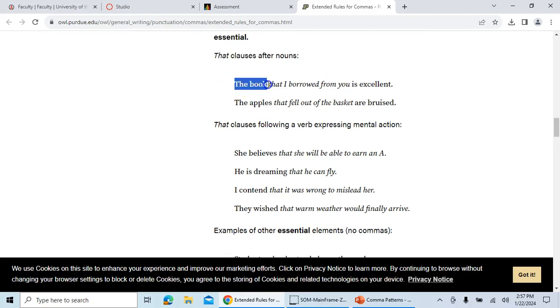If you just said the book is excellent, it's not telling you which book you're talking about. So adding that in there explains which book they're talking about, and it makes that sentence make sense. The apples that fell out of the basket are bruised. If we just said the apples are bruised, then that would be all the apples, but we're specifically talking about the ones that fell out of the basket.